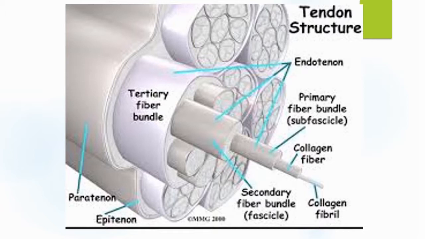And we see that just as the individual muscle is made up of individual muscle cells, which are constructed into larger units and larger units and larger units to create the muscle belly, the same type of hierarchy exists in the tendinous structure.